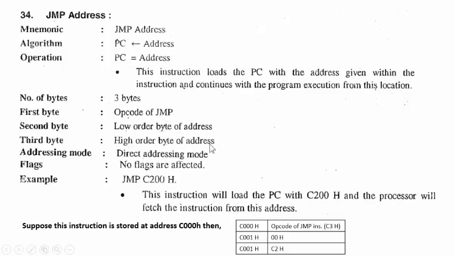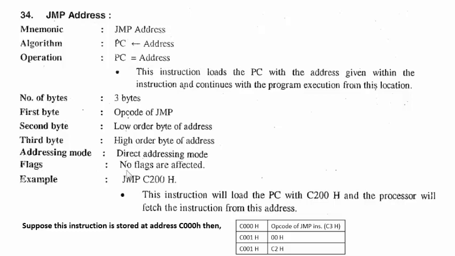In this way, the total size of the jump instruction is 3 byte. The addressing mode is definitely direct addressing mode, because we are directly specifying the address in the operand field. Wherever you find a 16-bit address in the operand field, that instruction belongs to direct addressing mode.